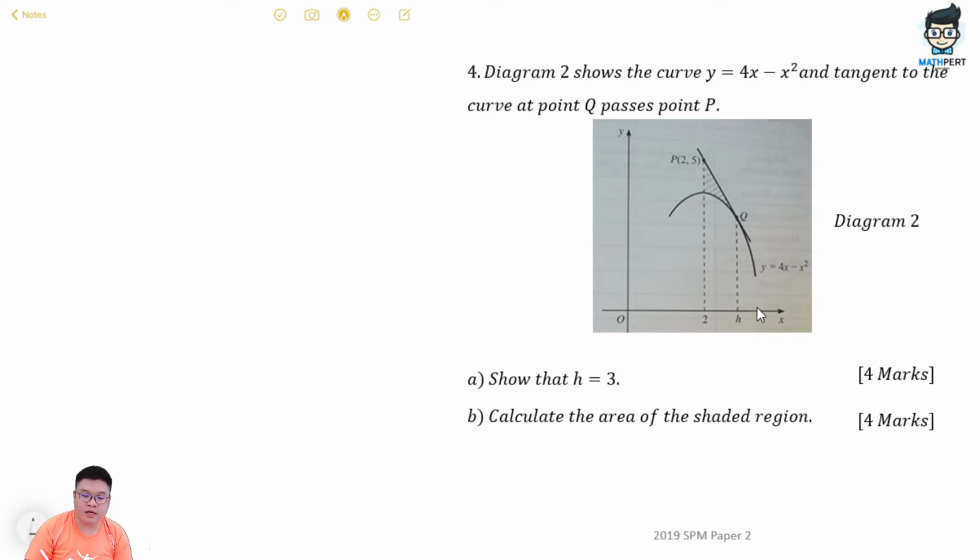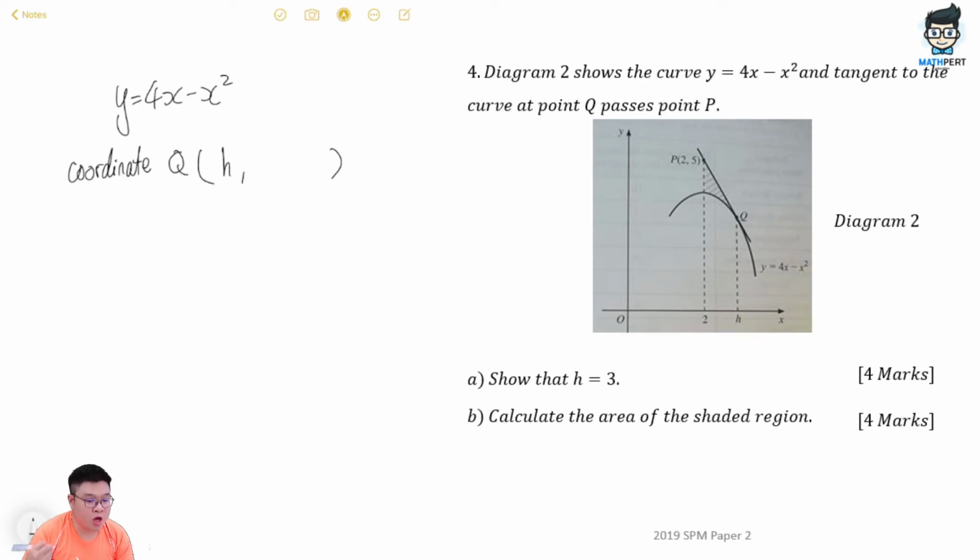We know the equation of the curve is y equals 4x minus x squared. The coordinates of Q we express in terms of h. The x-coordinate of Q will be h.